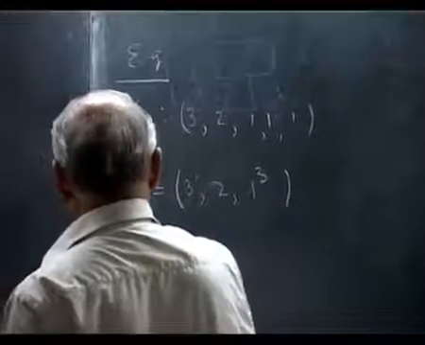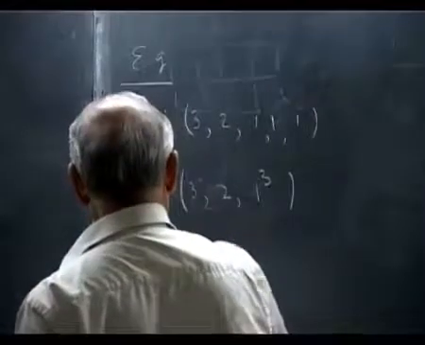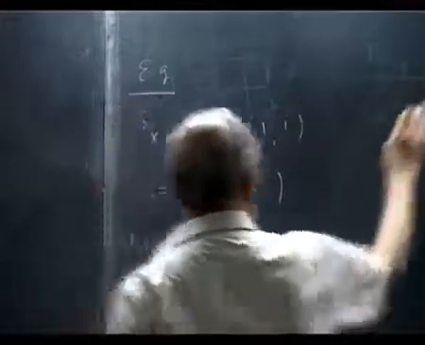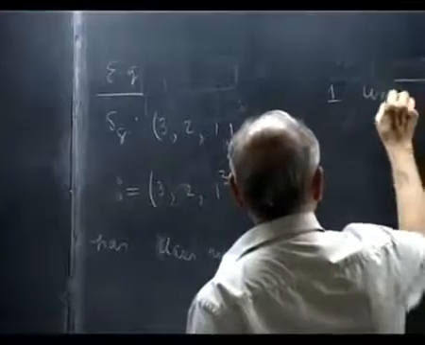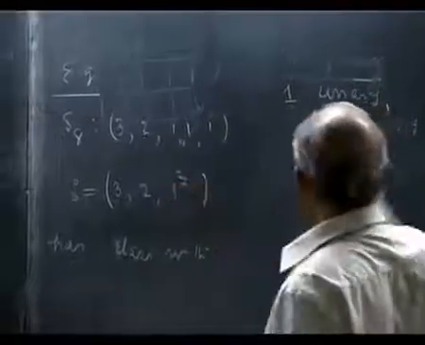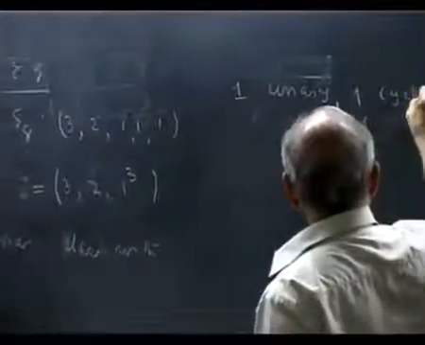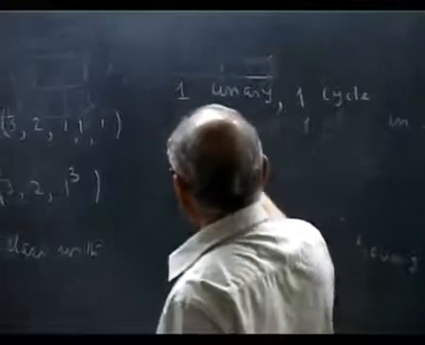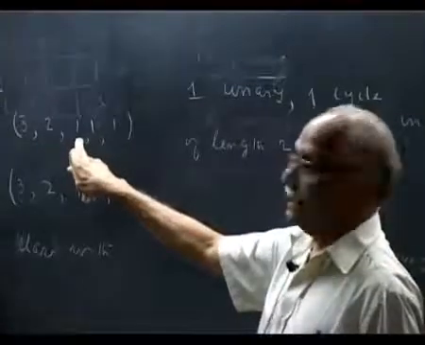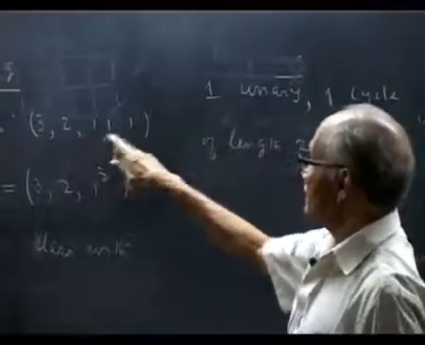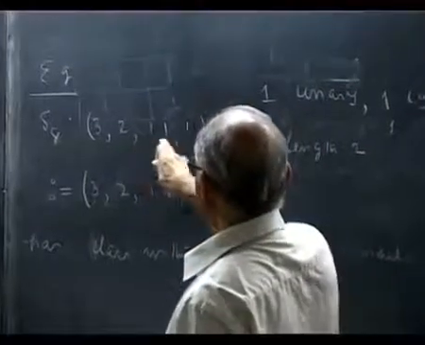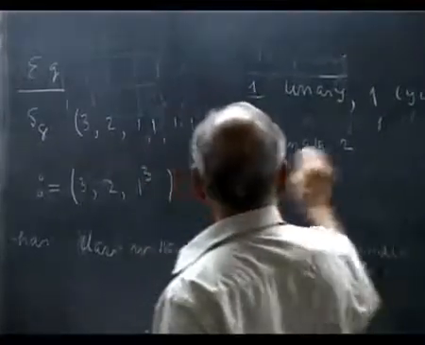This is a class with one unary, because 3 minus 2 is 1, one cycle of length 2, because 2 minus 1 is 1. Then nothing here until this is one unary, one of length 2, none of length 3, one of length 4.